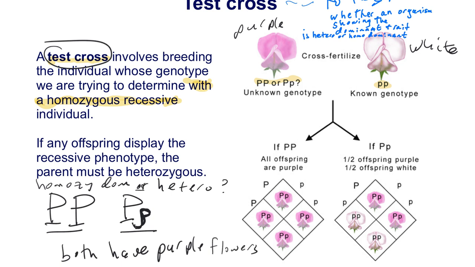So what you do in a test cross is always cross the unknown with homozygous recessive.